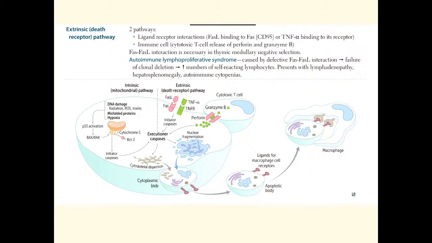As you can see here, there are several pathways. One is the cytotoxic T cell granule-dependent pathway. On the right side you can see perforin and granzyme B, which is most important in caspase activation. And we also have Fas ligand and Fas interaction, which is the granule-independent pathway. Both lead to apoptosis and cell death.